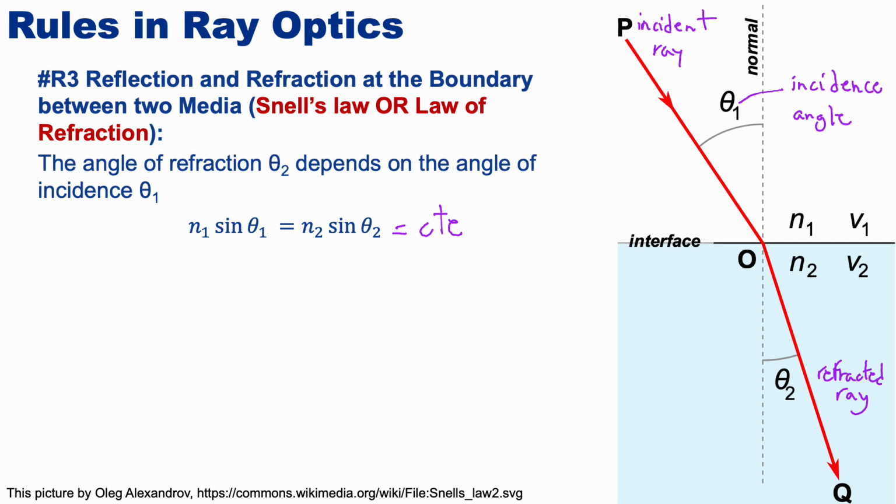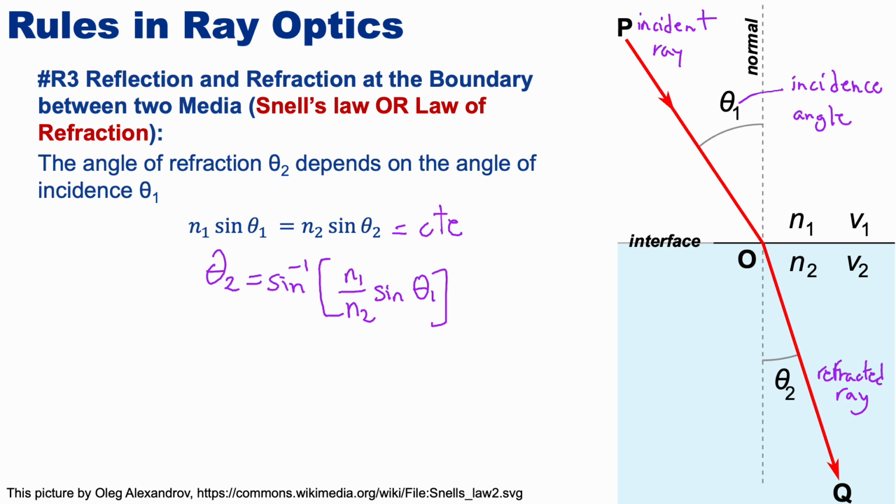So knowing that this is gonna be constant, we can estimate the angle of the refracted ray as the inverse of the sine of n1 over n2 sine of the incidence angle.